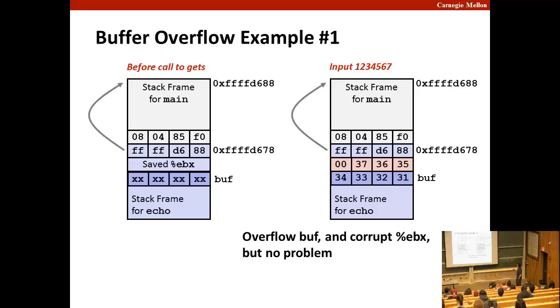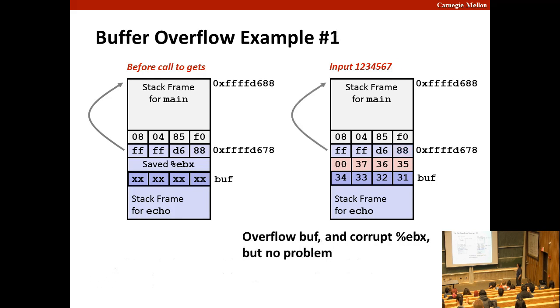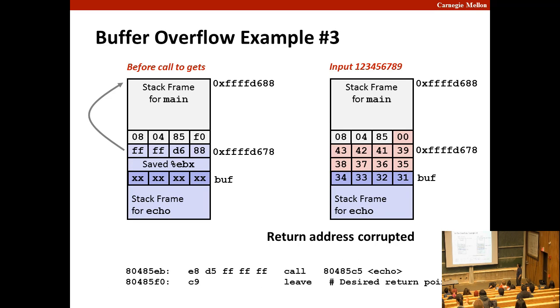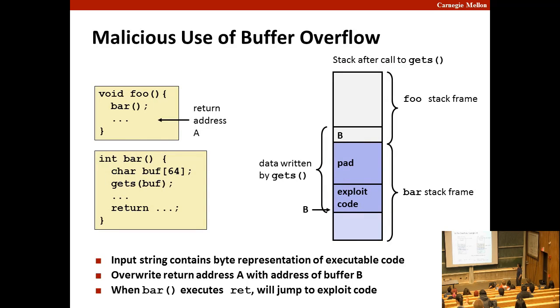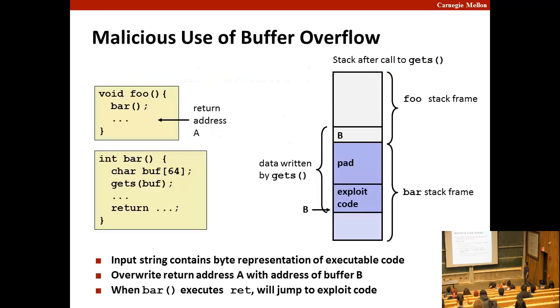Okay. 8. See that? How we just overwrote this element, the 8, 8. 0, 0 becomes 8, 8, right? Now we've overwritten this, 6, 7, 8, 9. Okay. And now we see how this works. Exploit code, pad, the address of our exploit code. And that's how the worm worked.